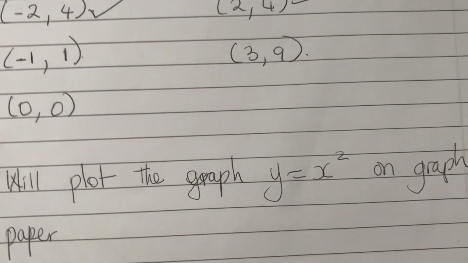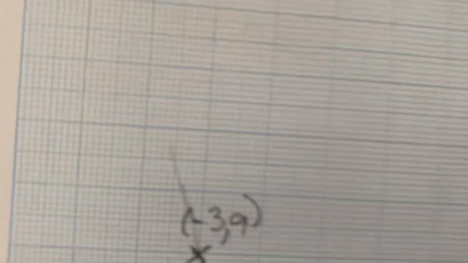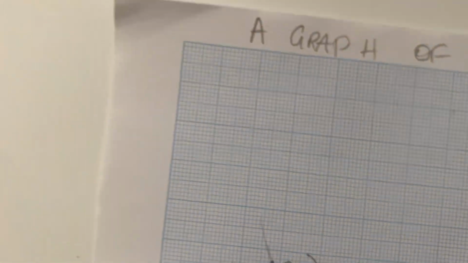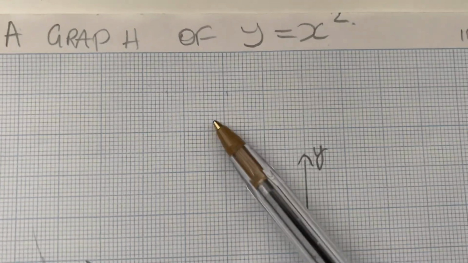So this is the graph I've got now. A graph of y equals x squared.